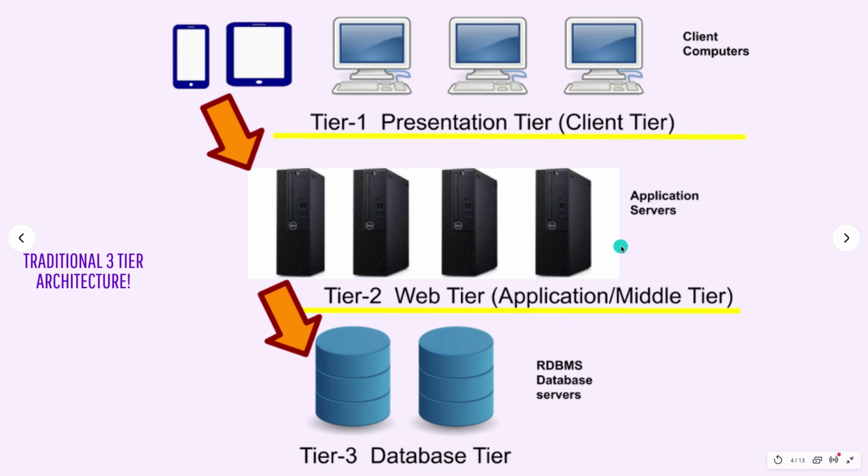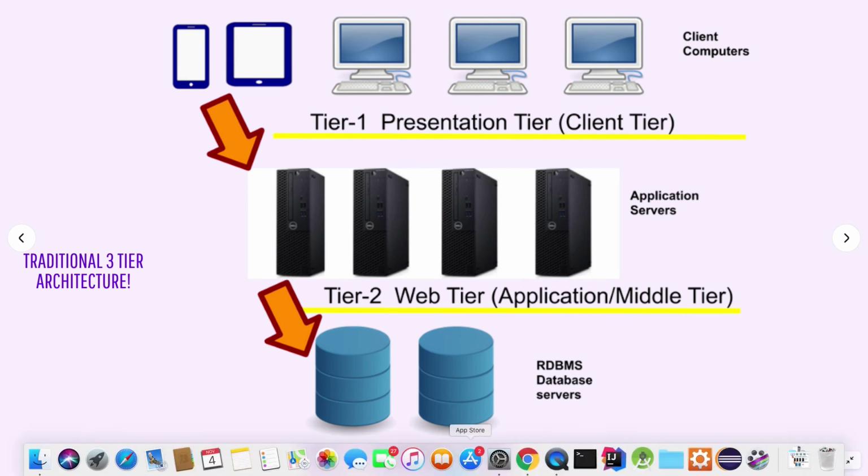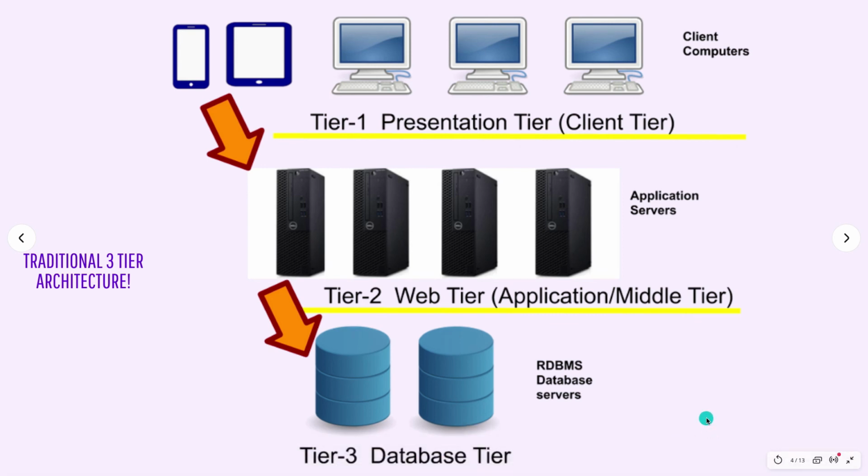But for simplicity, we'll call this entire set of applications running on the application servers the web tier or the application tier. And finally, we have the database tier, which is the last tier of this multi-tier architecture, in which the actual data is stored and retrieved.